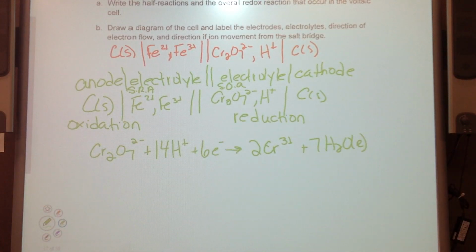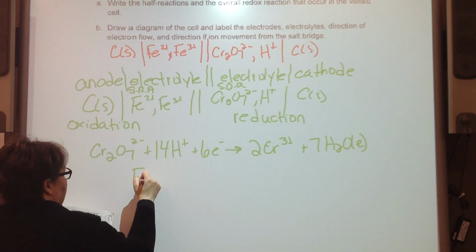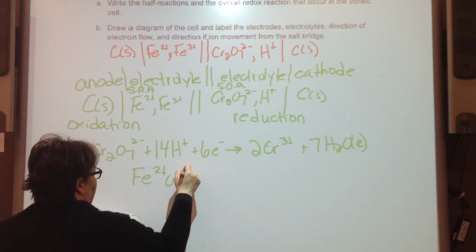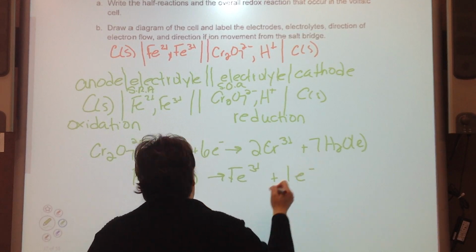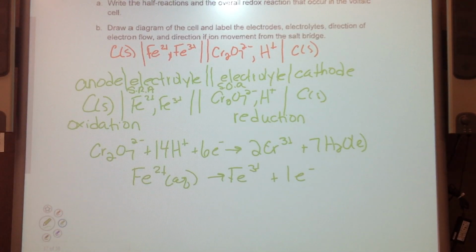And then when we look for our reducing agent, we see that we have 0.77, Fe2 plus, plus 1 electron. So now we've written the half reactions. Now we need to write the overall redox reaction. So what's the next step? Balance electrons. How am I going to do that?